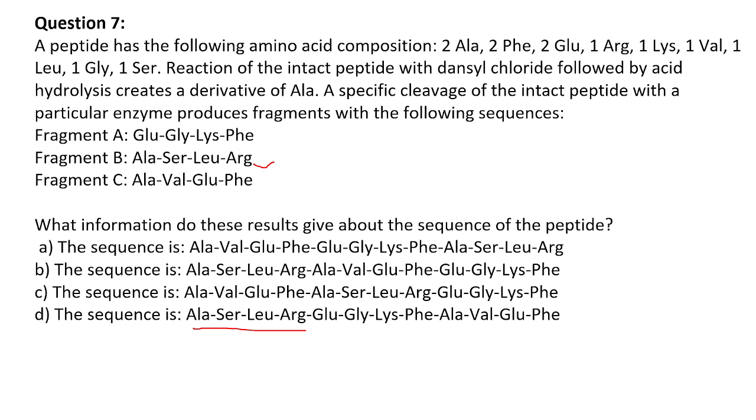Fragment C: alanine, valine, glutamic acid, phenylalanine. If you use one enzyme, it will chop and generate these three different fragments. So according to the first information, it will have alanine at the N terminus.